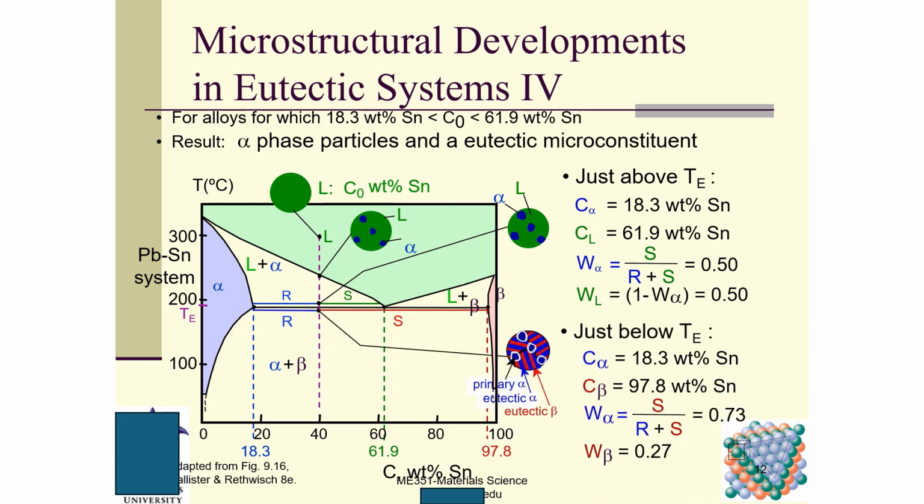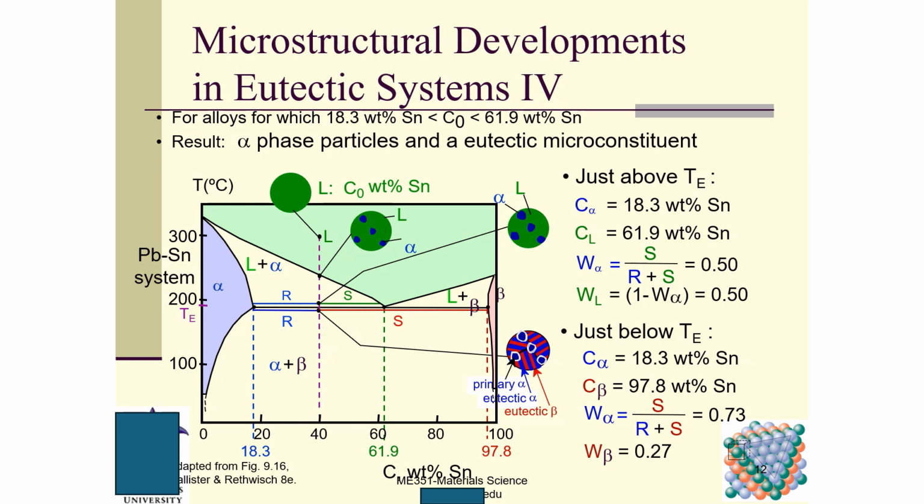If we go a little bit further down, lower than this horizontal line, we will have these kinds of things. So these are primary alpha particles.